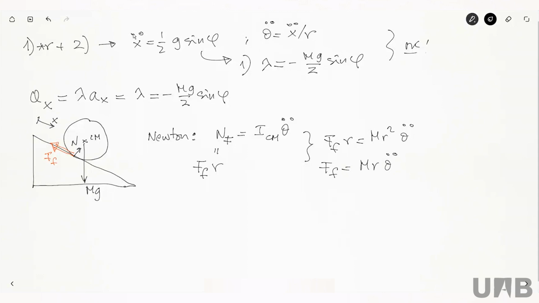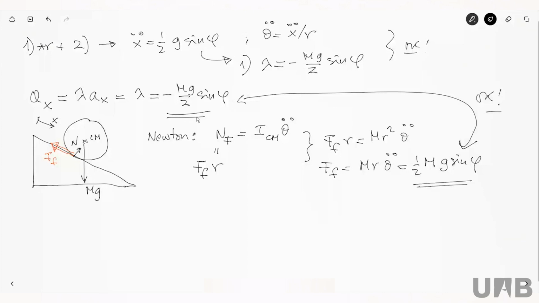Theta double dot is this guy here divided by R, right? So that is 1/2 mg sine phi. Perfect. So it is the same. Notice that the sign is the right one because the force of friction goes in the opposite direction, okay? So that's why there is a sign difference here. So indeed, the force of friction is given by the Lagrange multiplier, okay?